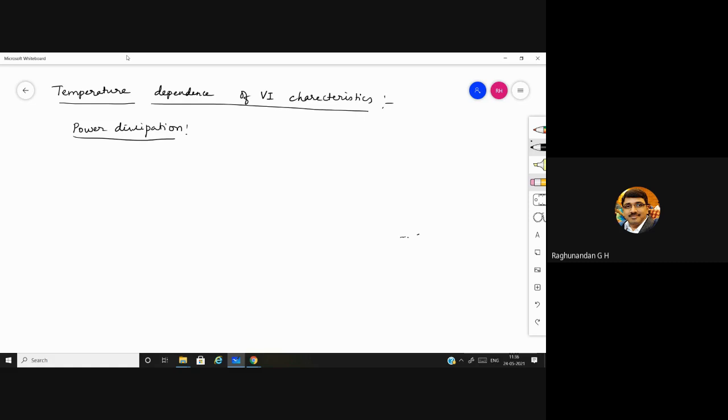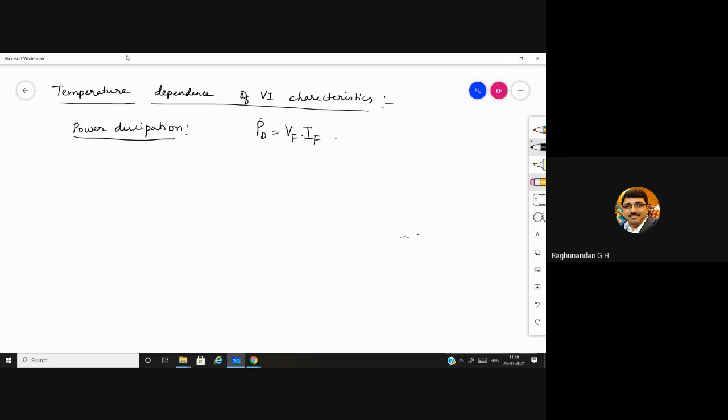Power is dissipated in a diode, which is equivalent to the product of forward voltage and forward current. As you know, power P is equal to VI. So PD is the power dissipated in the diode.